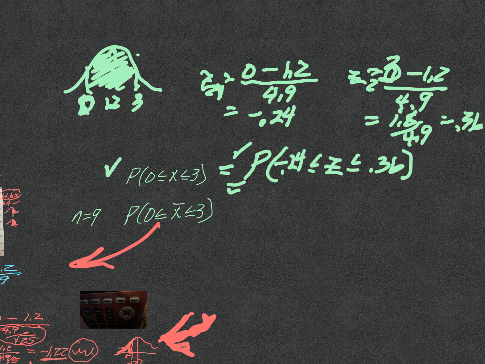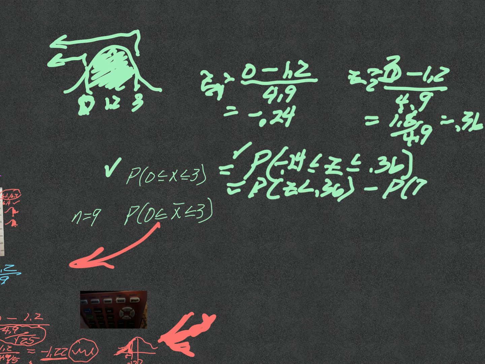So you take the area less than the 3 and you subtract the area less than the 0, and that will give you the area in between. So this is equal to the probability that z is less than 0.36 minus the probability that z is less than negative 0.24. That's how we did the ones in between.